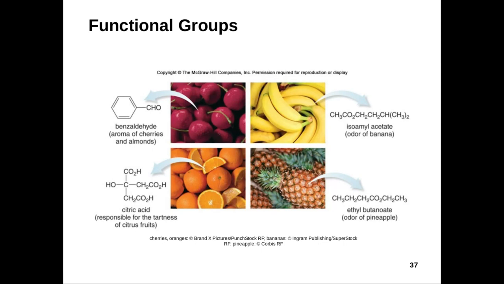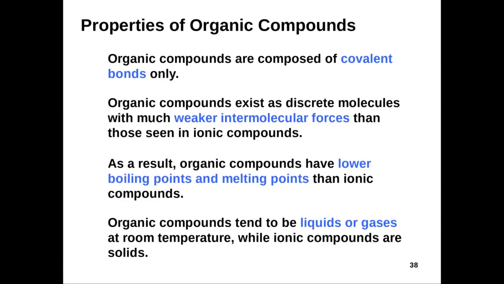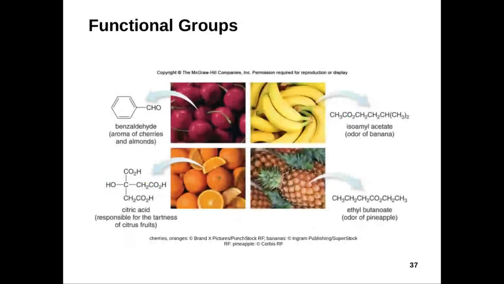However, before we move on to the properties of some of these organic compounds, I'll briefly mention that some of these functional groups give some awesome foods their awesome properties. For instance, benzaldehyde gives cherries and almonds their distinct aroma.